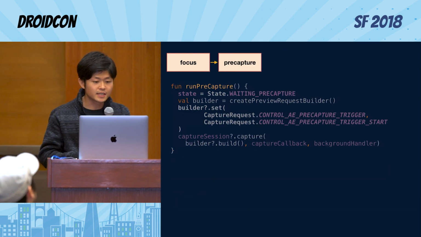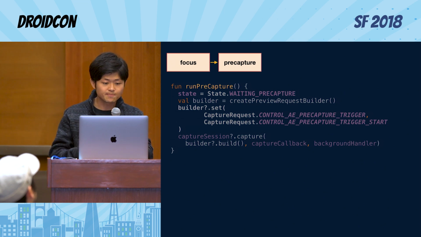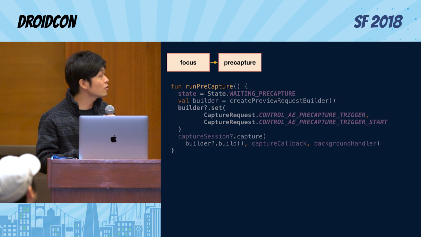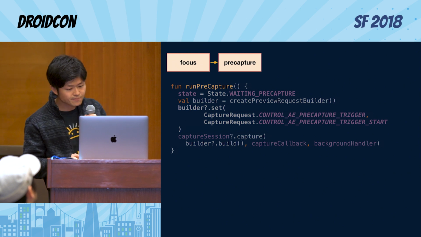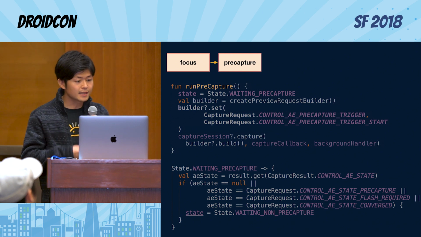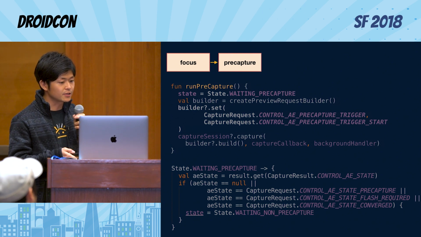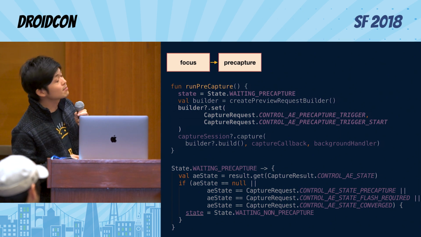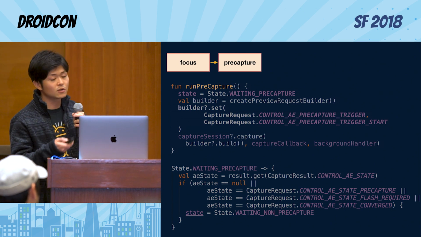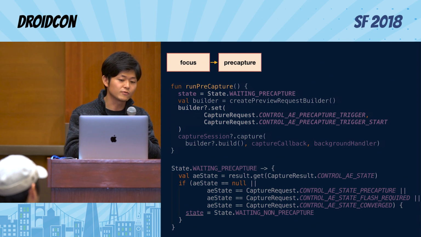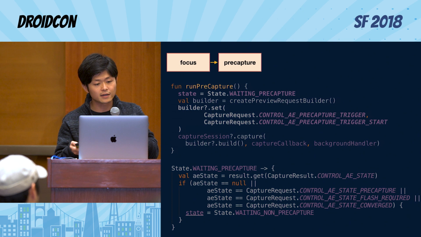Now, pre-capture is a state where we request auto exposure. Just like we did for the focus lock, we add control AE pre-capture trigger for the auto exposure. And then at the state of waiting pre-capture, we also check the state. As I mentioned, sometimes the device doesn't have the auto exposure feature, and in that case, this state will return null. We check the null status.